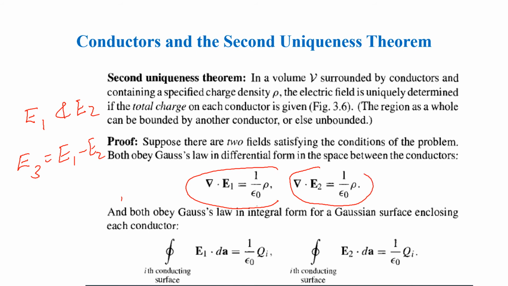We can write this in integral form: the surface integral of E dot dA equals 1 over epsilon 0 Qi, over the ith surface.